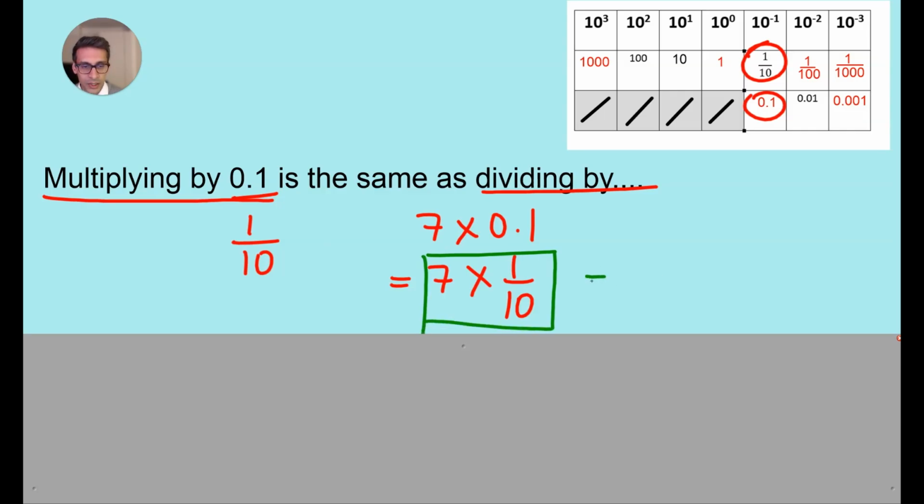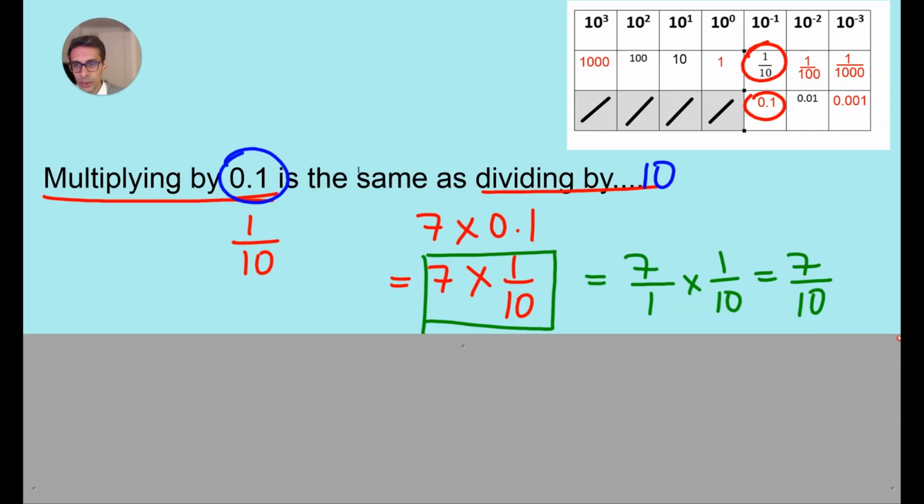So this is the same as 7 over 1 times 1 over 10, which is 7 over 10. Now that's the same as 7 divided by 10. So multiplying by 0.1 is the same as dividing by 10.